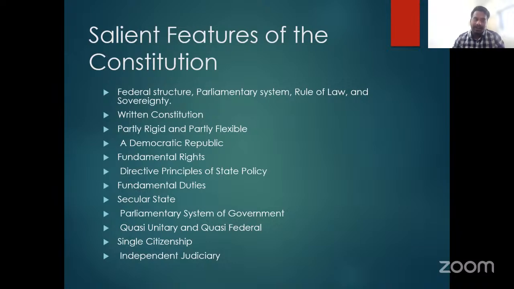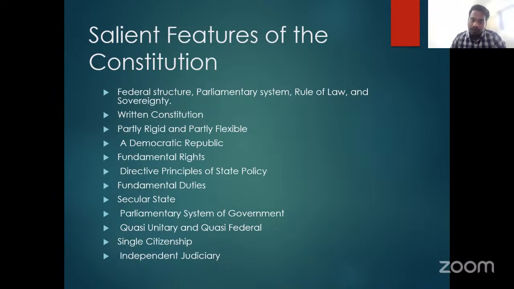These fundamental rights are justiciable, and the individual can move to the higher judiciary, that is the Supreme Court or High Court, if any of the fundamental rights has not been upheld. This is guaranteed under Article 32, the right to constitutional remedies.